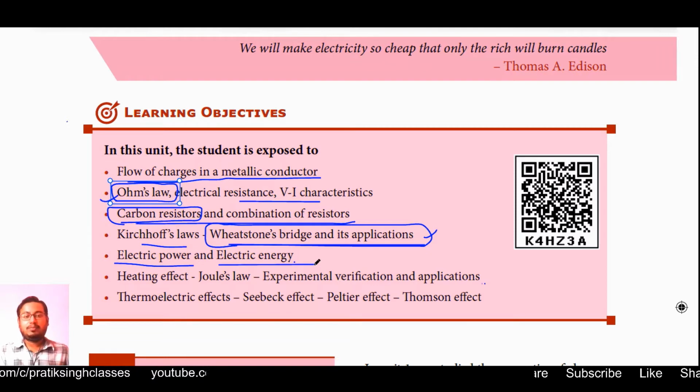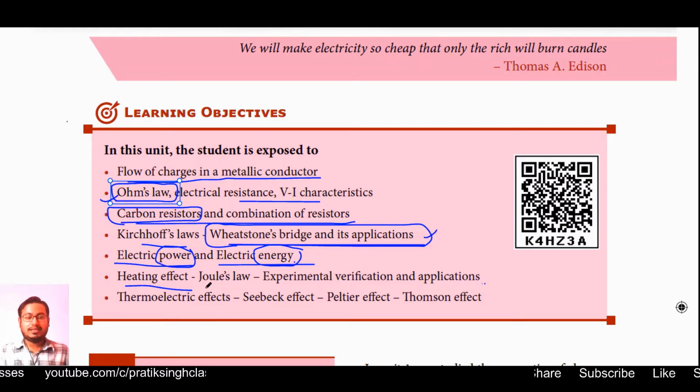About power and energy you have already studied in class 9th, 10th and 11th, but here we will see both the terms with respect to electric current. Then we will study the heating effect. That means when current passes through any appliance, it becomes hot.